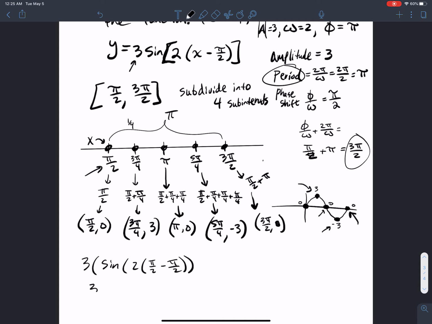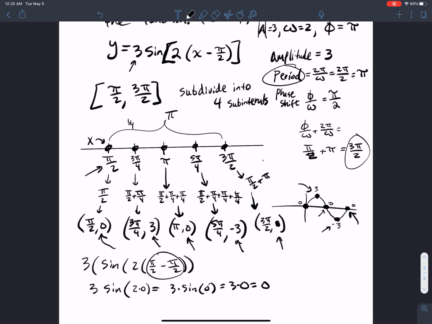Well, that's 3 times the sine of 0, since 0 times 2 is 0. So that's 3 times 0, which is 0. That's why I get this 0 here. Okay? And so you can play that game, and you can get the y value for each of those if that's what you want to do.